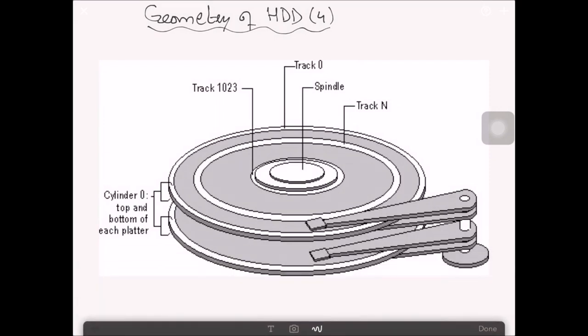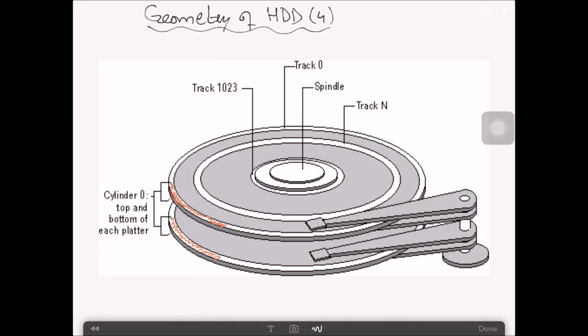Right, gentlemen, the collection of all the corresponding tracks on all the surfaces makes a cylinder. Over here, if you see, this is the outermost track on this platter, and this is the outermost track on the other platter.